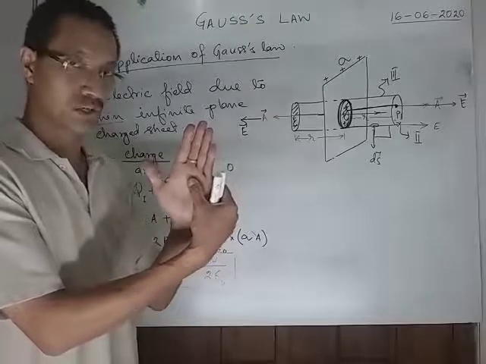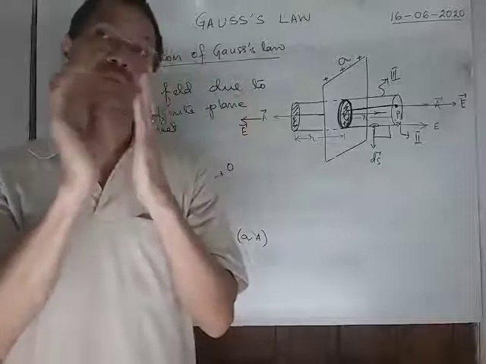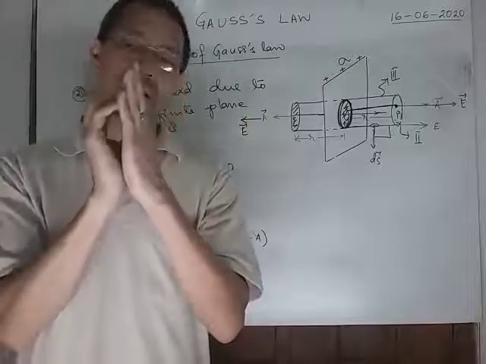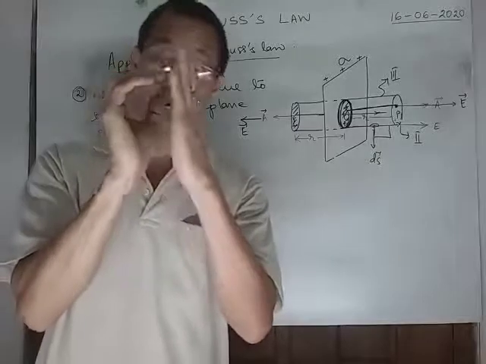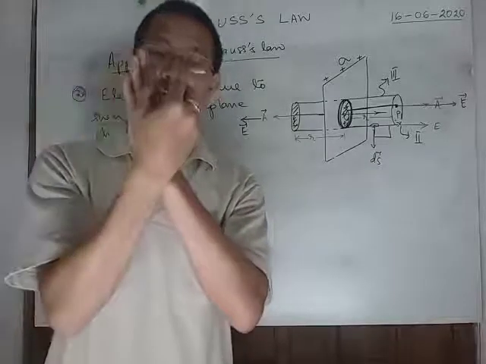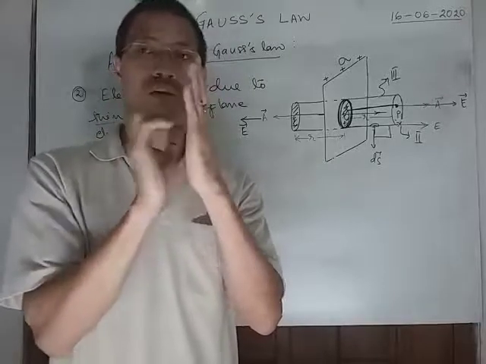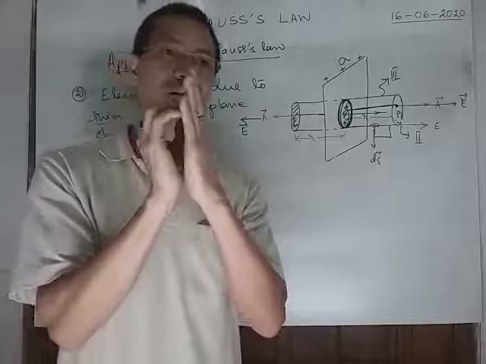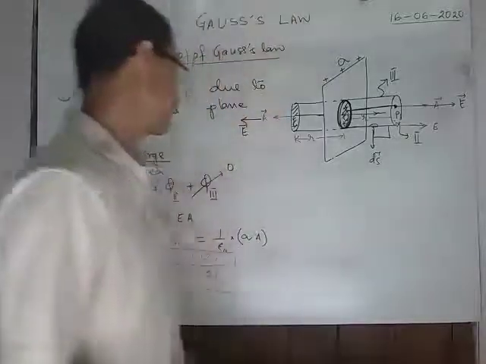Suppose you take a point charge: half of the charge, the hemispherical portion, will be on one side, and the other hemispherical portion on the other side. So when we take the total charge, we take it as a single charge residing on this sheet.